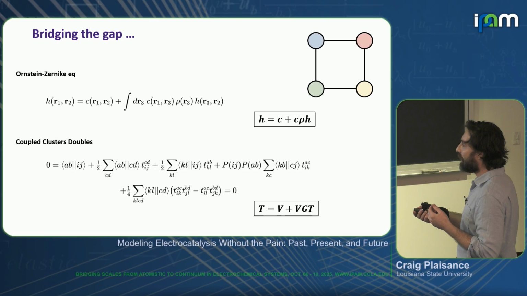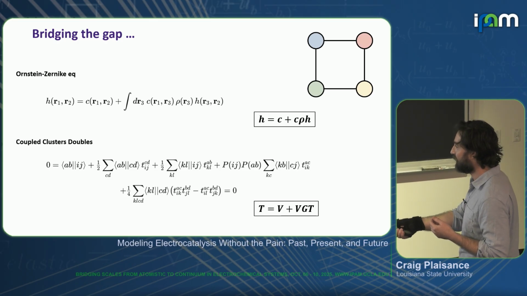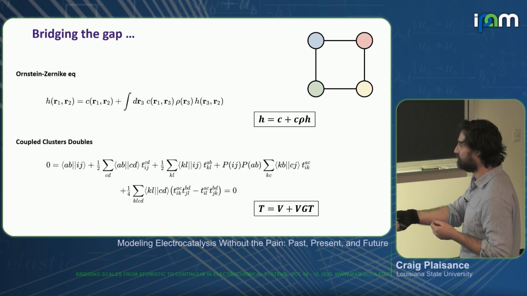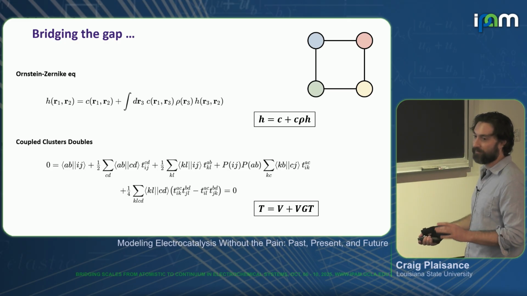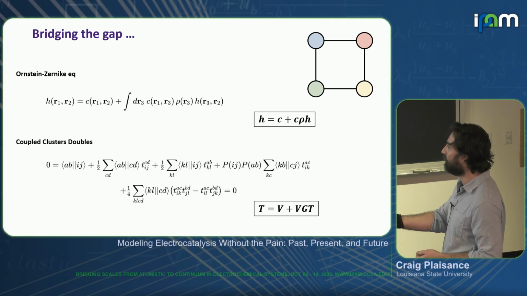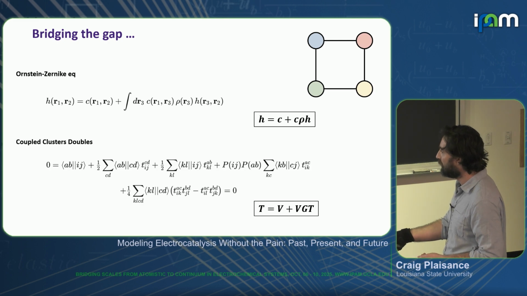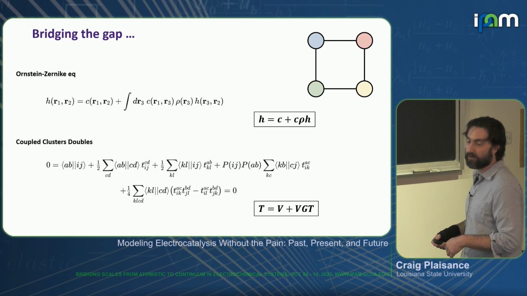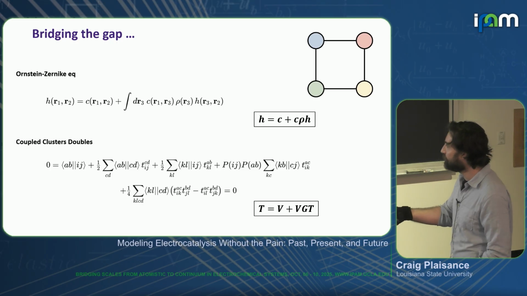If we can cast both of them into a form that looks like a Dyson equation, this is not trivial. This involves more complicated math involving antisymmetrization and all that. But they have the exact same form, where T and H are the correlation functionals. V and C play the role of a driving force, a potential.